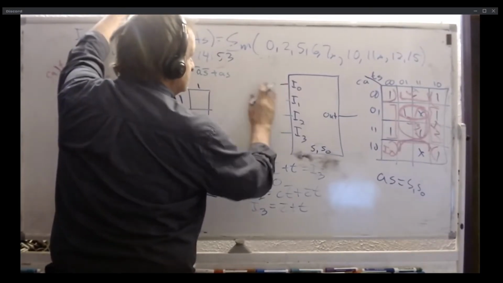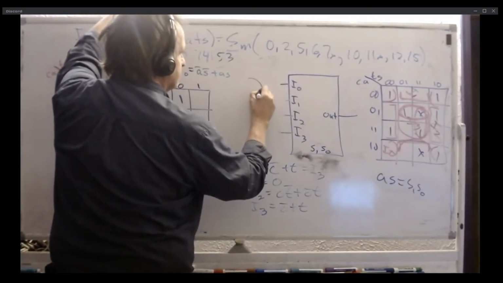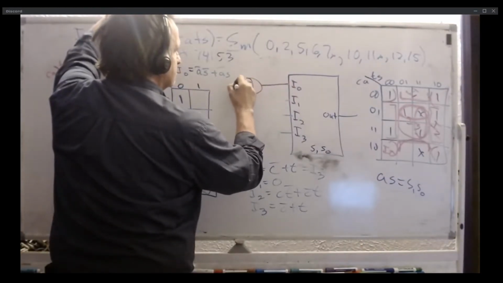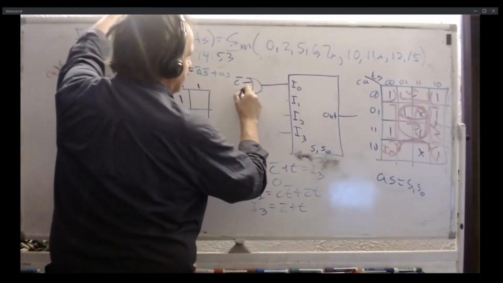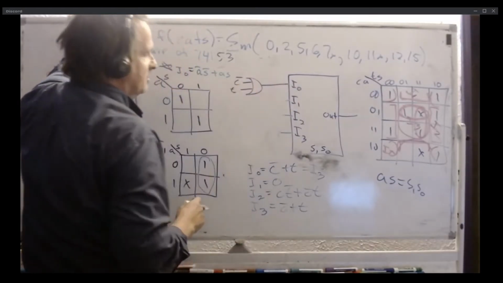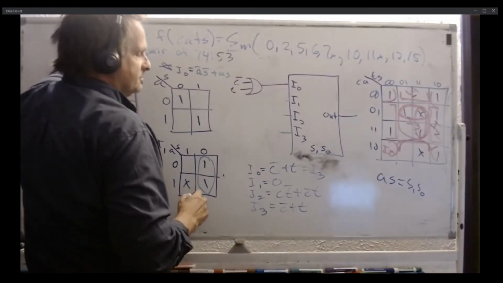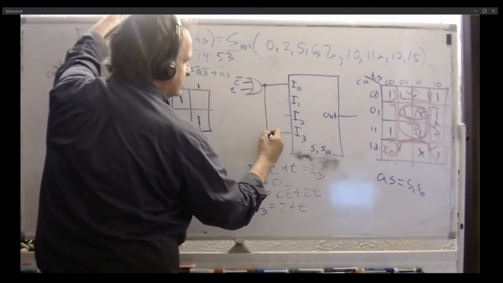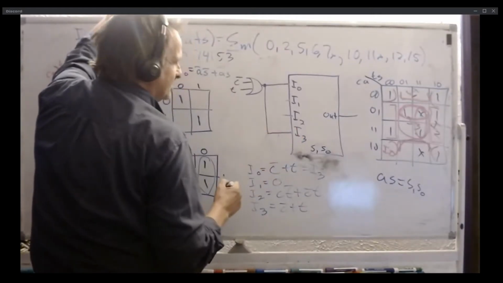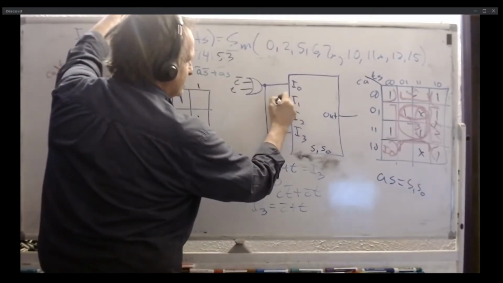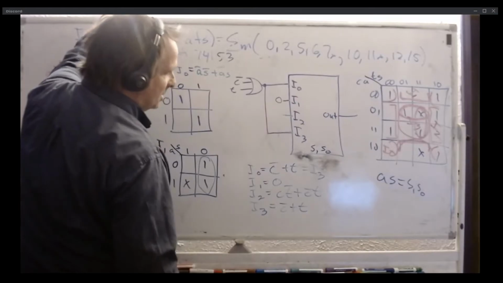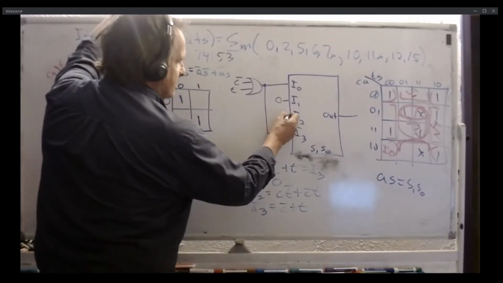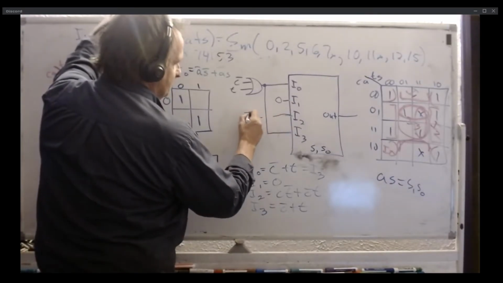C0 and T. But see what we can do? We don't need to have two of them. We know I1 is 0. That doesn't raise the cost any. This one does, right?